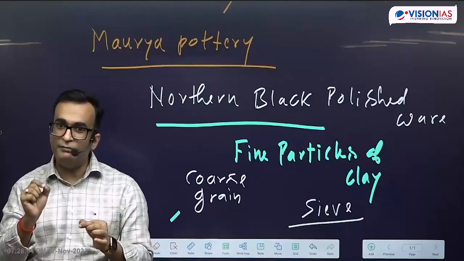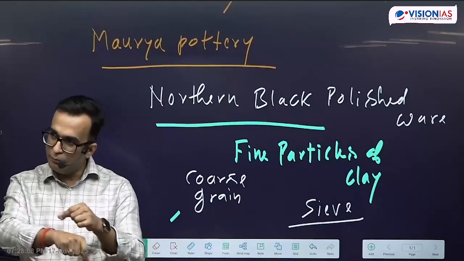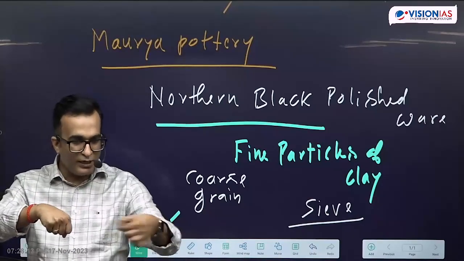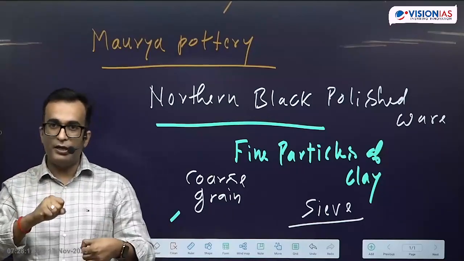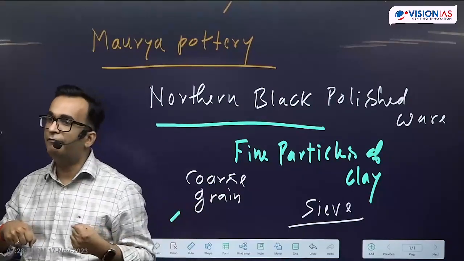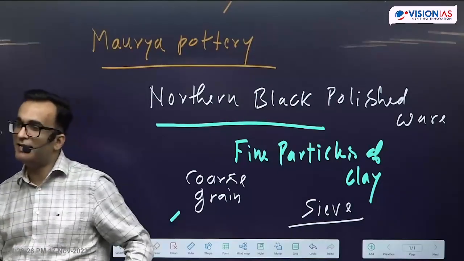This happens even if a small piece of thread is kept in the clay; it will cut the whole hand. So this is one problem. That's why they rotate the wheel at a very slow speed when concord is there. When the concord is removed, they can rotate the wheel at a very fast speed, and at a very fast speed, very even pottery is created.